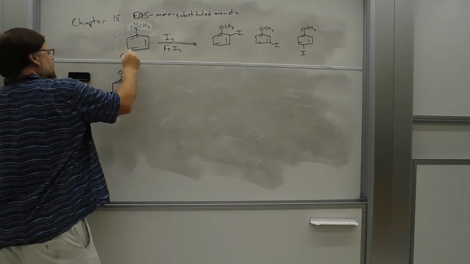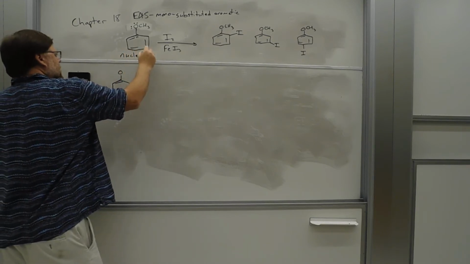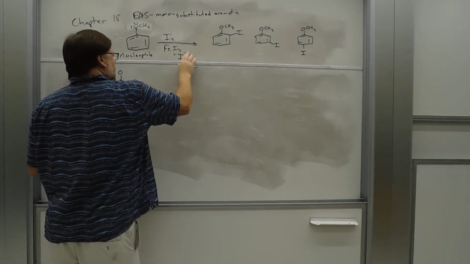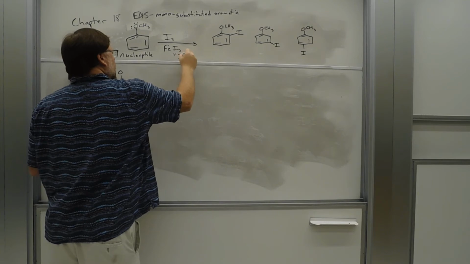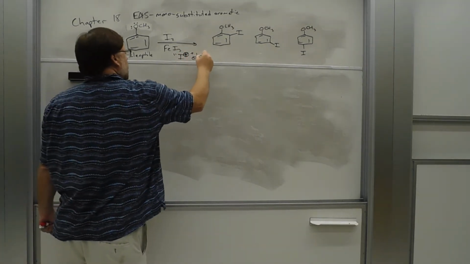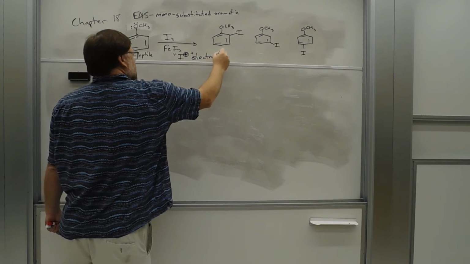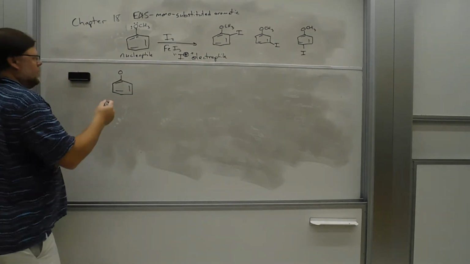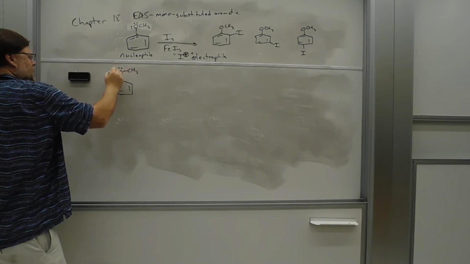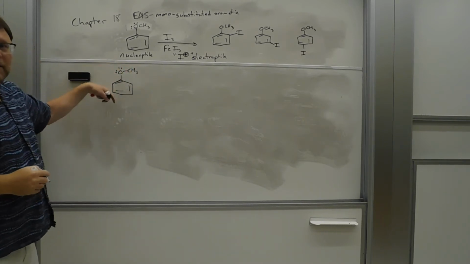So remember, anisole is the nucleophile, and I plus is the electrophile. The more electron-rich a position, the faster it's going to react. So we've got lone pairs on the oxygen, a lone pair on the atom directly bonded to the benzene.